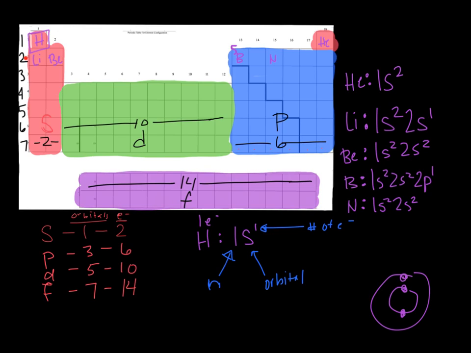We're over here in the p's now, 2p, 1, 2, 3. And so it's going to be 2p3. And nitrogen is, in fact, number 7 on the periodic table. So if you take 2 plus 2, that's 4, plus 3 is 7.